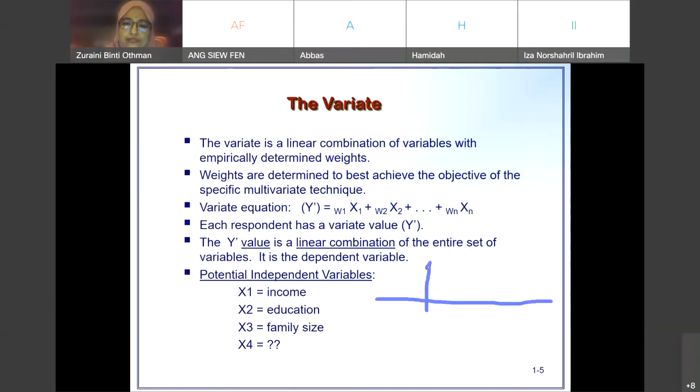If not, let's just recap what we learned at the SPM level. If it involves a graph, this is graph X versus graph Y. Which one is the independent variable and which one is the dependent variable?